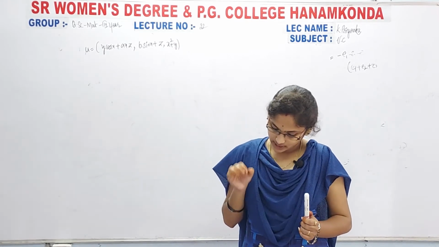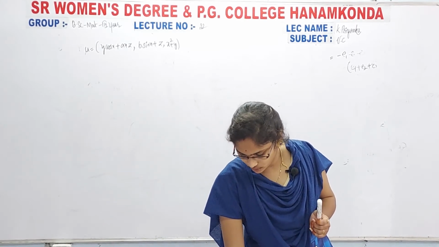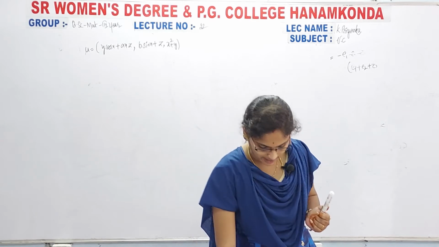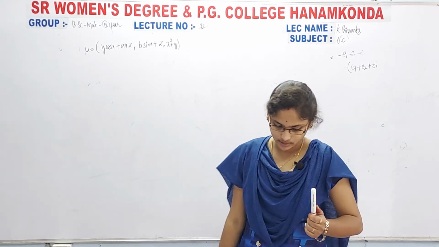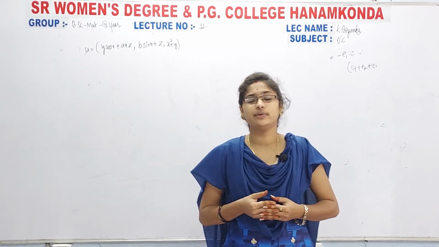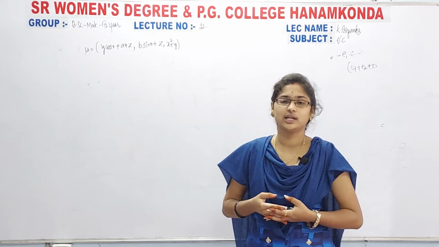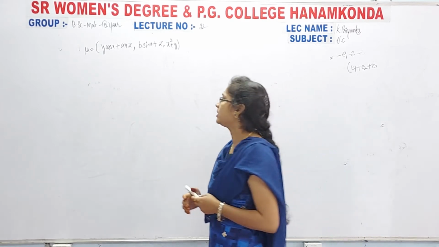So we have to check for what values of a and b it is irrotational. Simply they gave that u. Irrotational means if the curl u is equal to 0, then we can say that u is said to be an irrotational field. So now first of all I have to calculate the value of curl u.